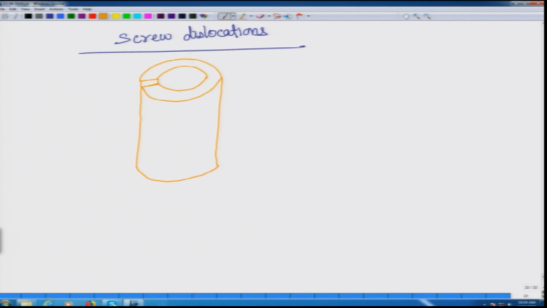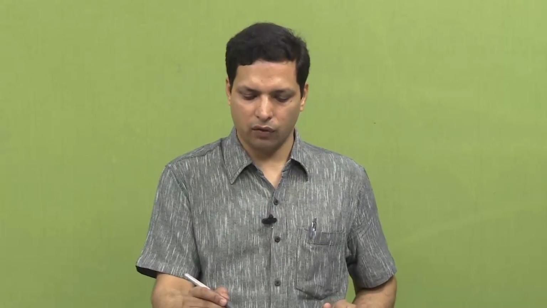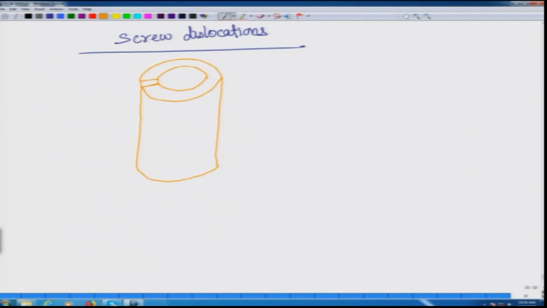The cut is on the left side and there is a displacement. This displacement is along the z direction. So, one side has been displaced with respect to the other in the z direction, which is what you see over here. And if I draw it to show the hidden edges, this is how it would look like. So, this edge ends over here and there is this displacement.